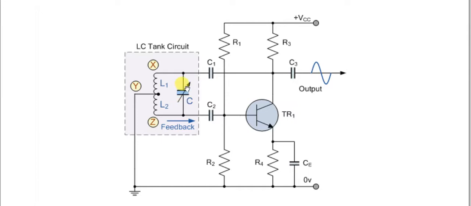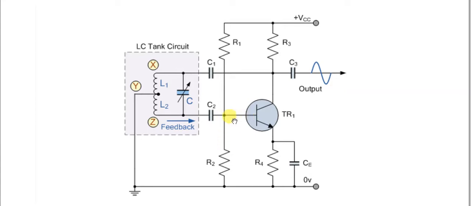So you have to explain in the exam the role of all the components in the circuit. This is the collector resistor, which controls the collector current. This is the base divider resistor, a potential divider, which provides the necessary base biasing voltage.